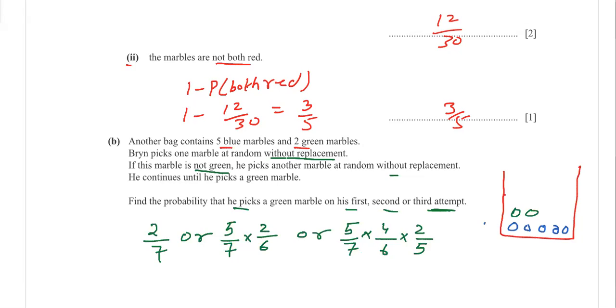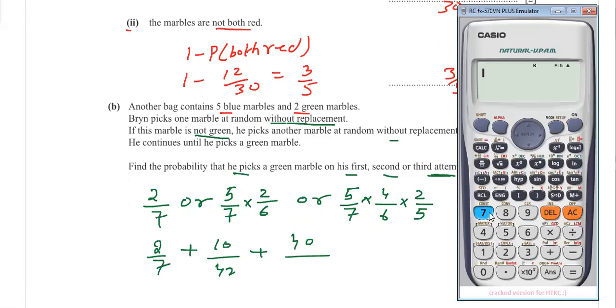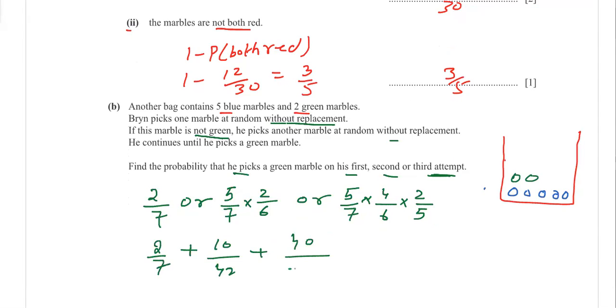For or, we add them, so it will be 2 over 7 plus 10 over 42, plus 5 times 4 is 20, times 2 is 40, over 7 times 6 times 5, which is 210.